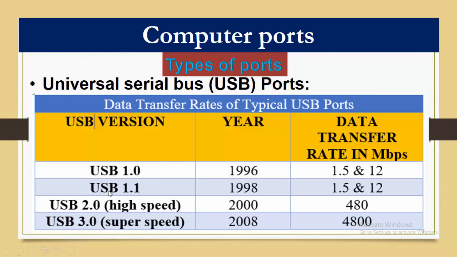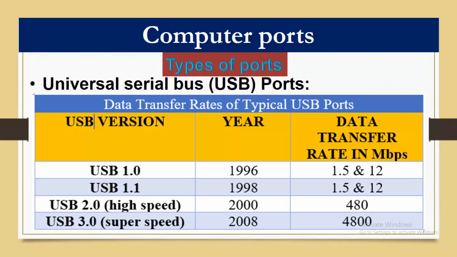The next generation was USB 1.1, introduced in 1998, with the speed of 1.5 and 12 megabits per second. The next one was USB 2, named high speed, introduced in 2000, and its speed was 480 megabits per second.